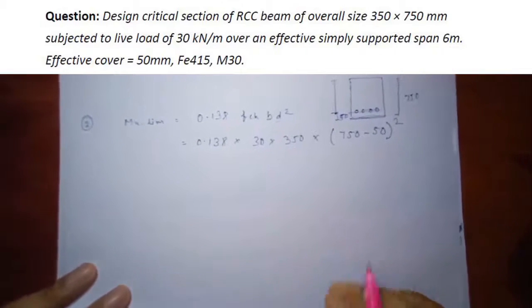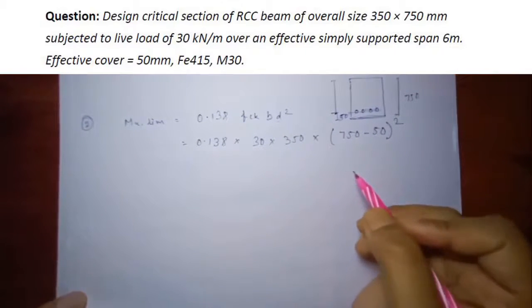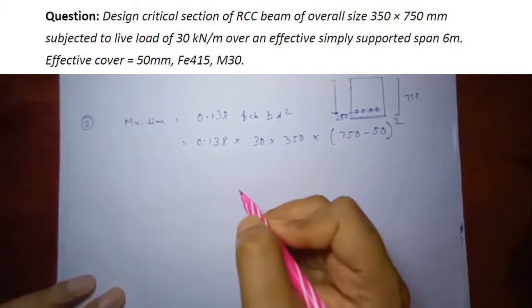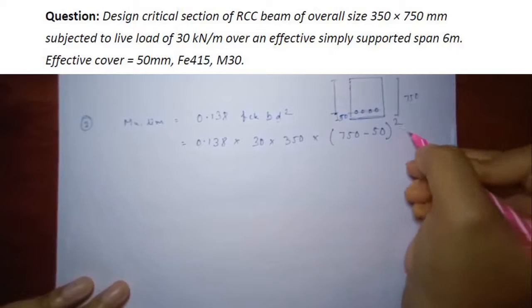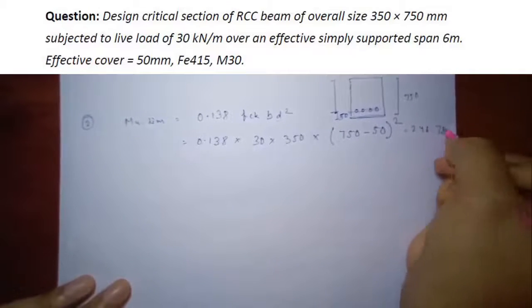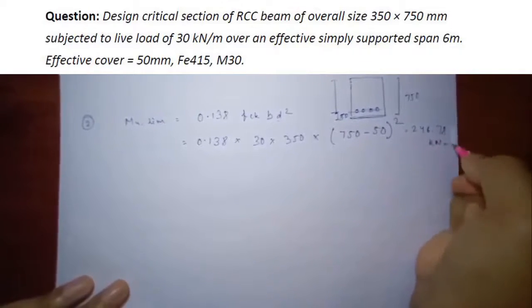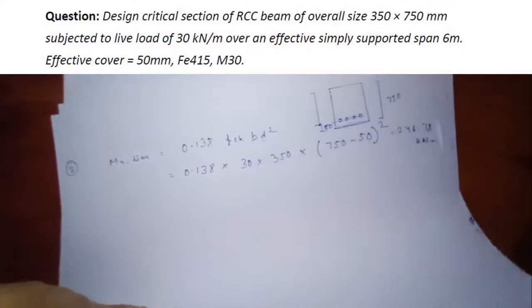And it is thus given by this thing. MU limit is equal to 246.78 kilonewton meter.